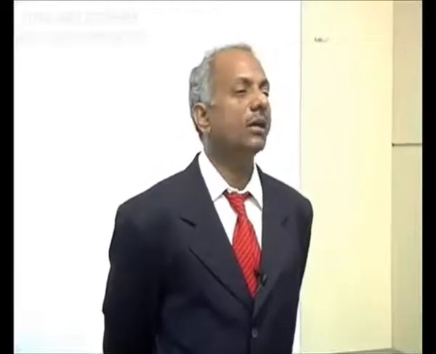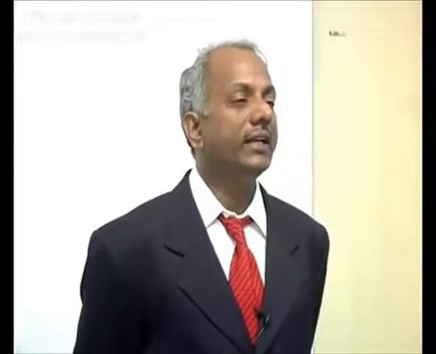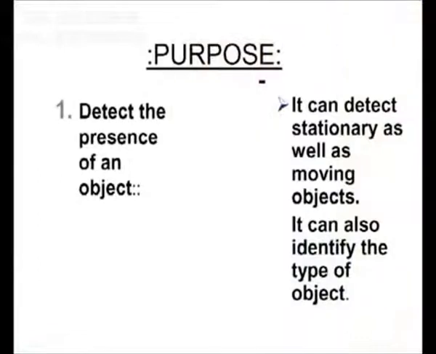So radar was basically a military system to start with, to identify the incoming ships or aircrafts. And it is possible to detect the presence of a ship at a very far off distance. That was the advantage people could derive from this system.